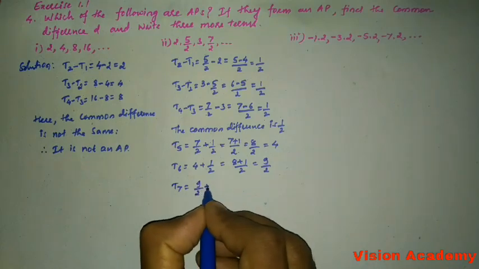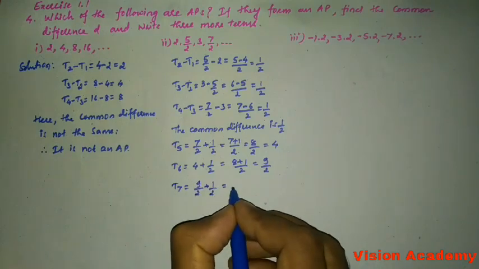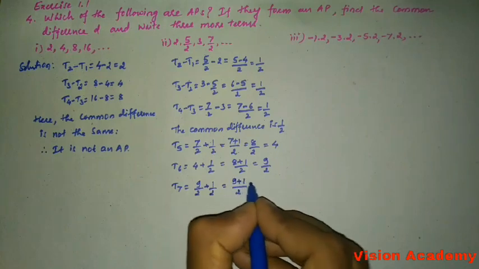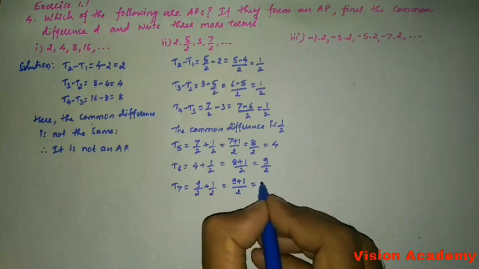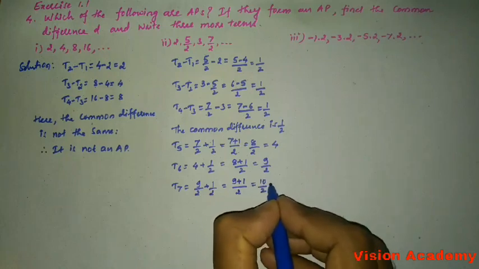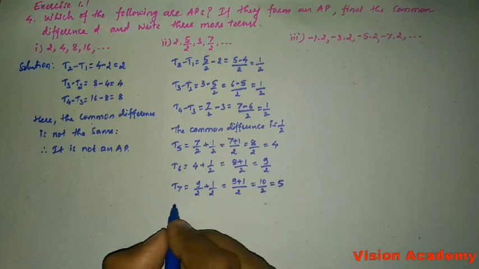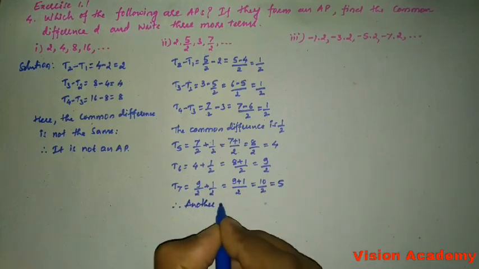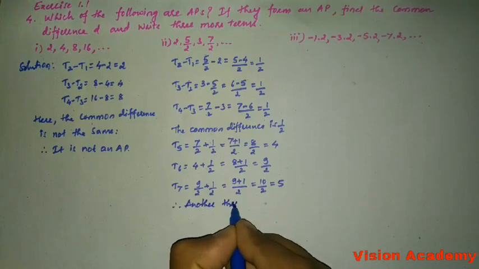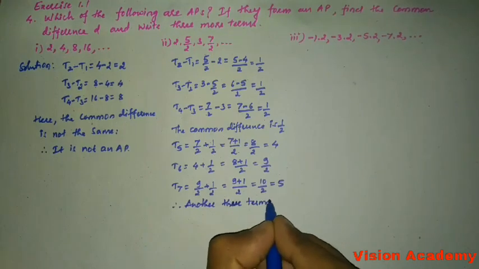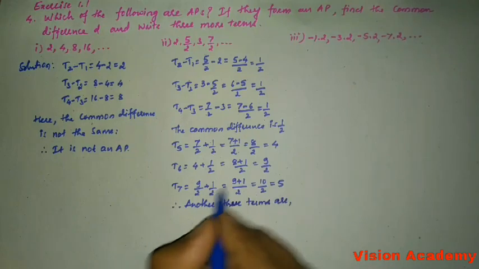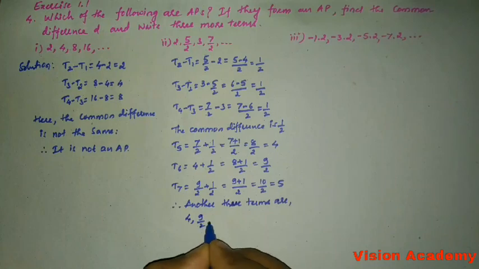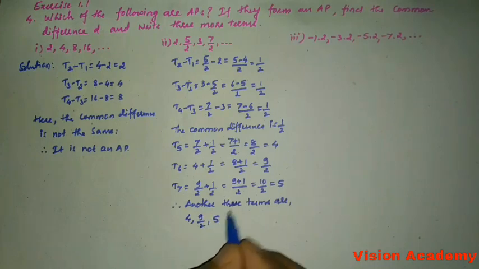Here 9 by 2 plus 1 by 2 is equal to, the LCM is 2, 9 plus 1, which is equal to 10 by 2. This gives me 5. So therefore another 3 terms are 4, 9 by 2 and 5.